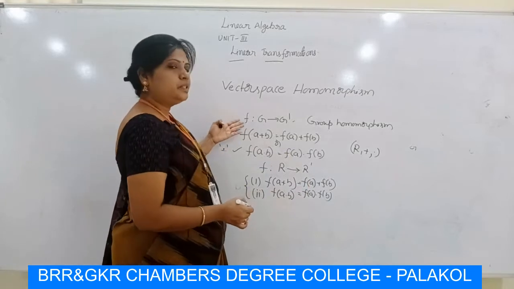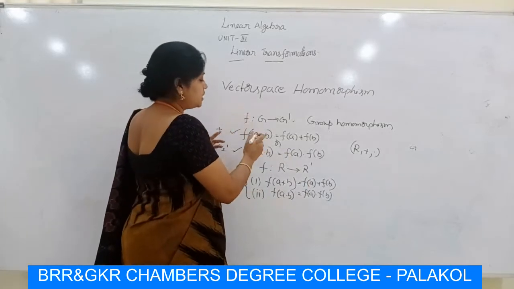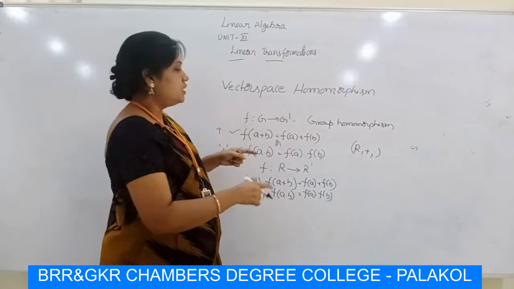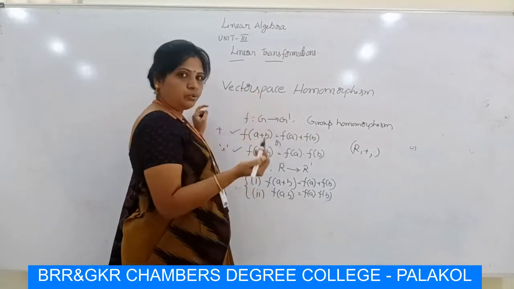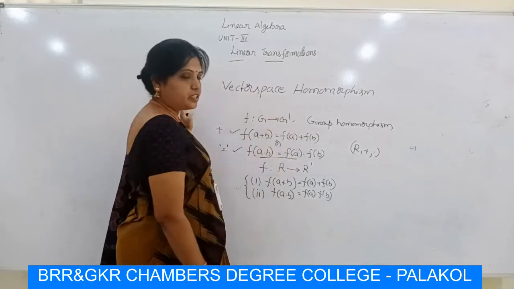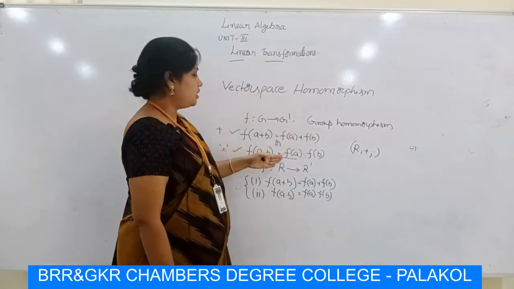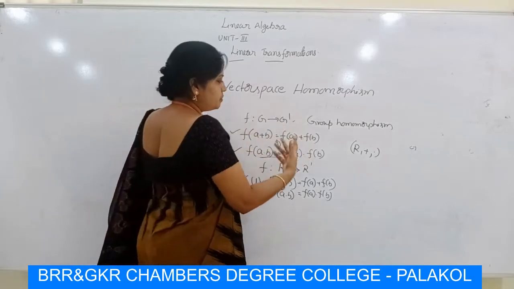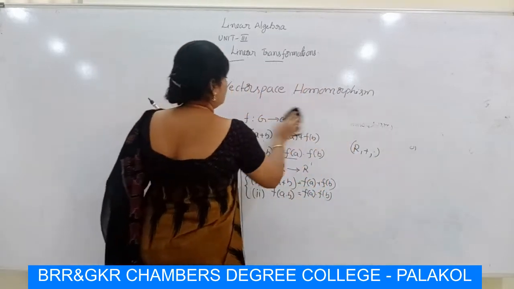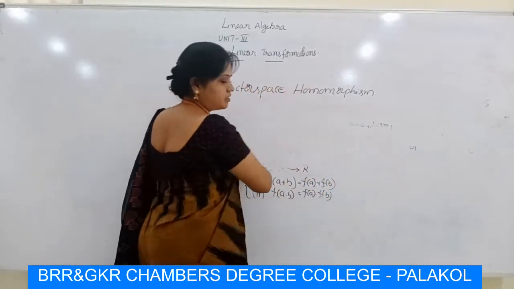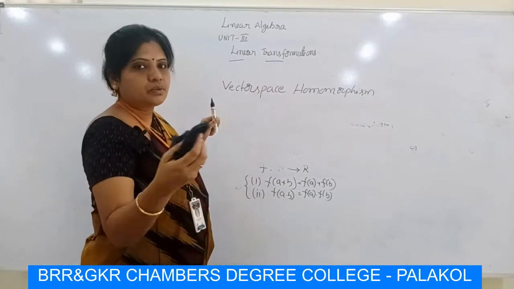Here in groups we have only one condition, f(a + b) = f(a) + f(b). If G is with respect to multiplication, then the condition is f(a·b) = f(a)·f(b). Similarly, the vector space homomorphism is defined in between vector spaces.